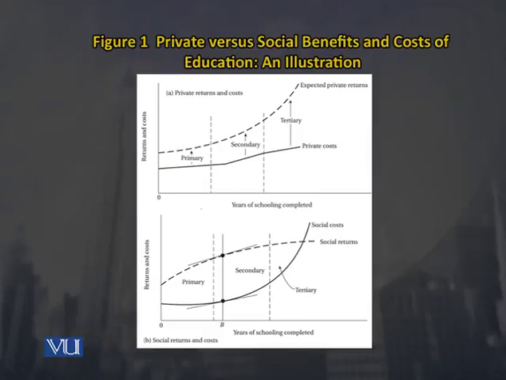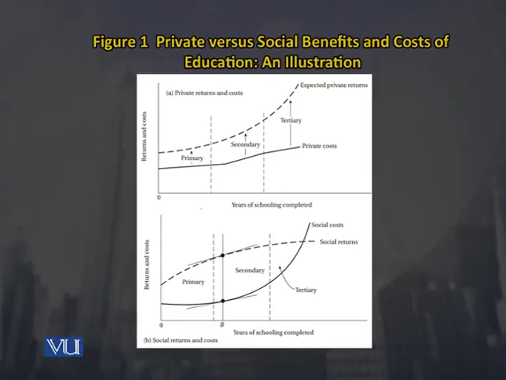The arrowhead drawn in the secondary section tells you the net return if you attain secondary education: your private returns are quite high and your private cost is relatively lower, so you get sufficiently large private returns or net returns. But the arrowhead length becomes the maximum when you look at the tertiary section.